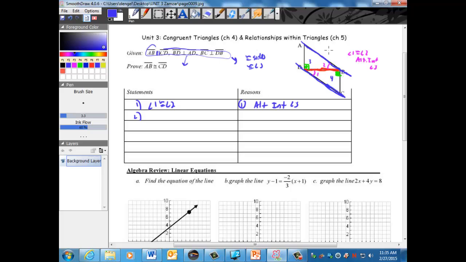So which angle are we referring to? So angle 3 is congruent to angle 4. That's by all right angles are congruent. Statement number 3 is going to read that by reflexive property, DB is congruent to DB.